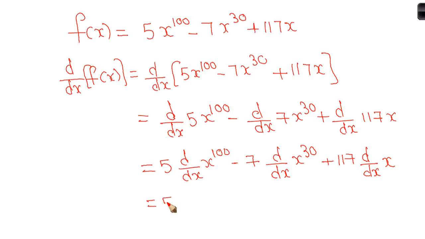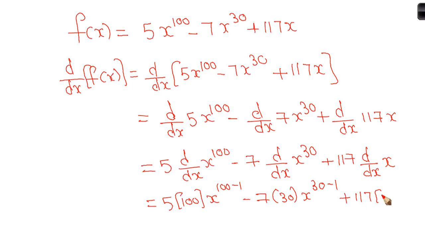So 5 times the derivative of x power 100 is 100 times x power 100 minus 1, that is x power 99, minus 7 times 30 times x power 30 minus 1, plus 117 times the derivative of x, which is 1. So this would be 500 x power 99 minus 210 x power 29 plus 117.